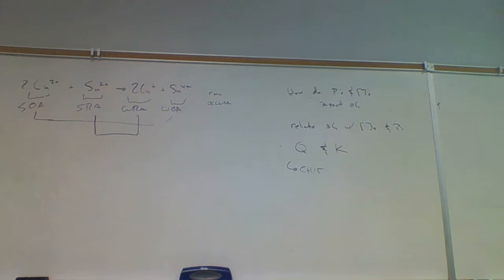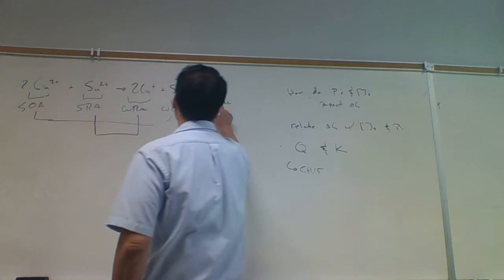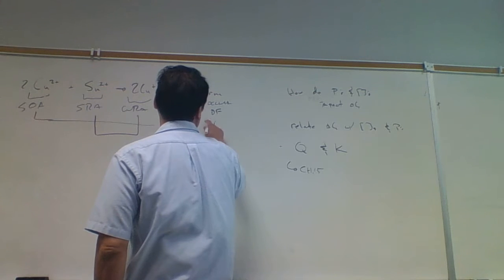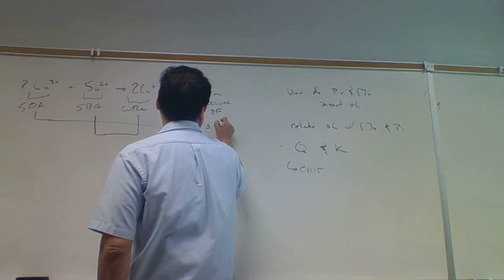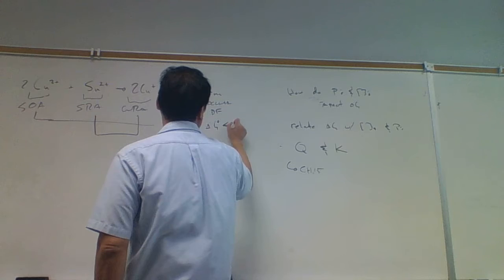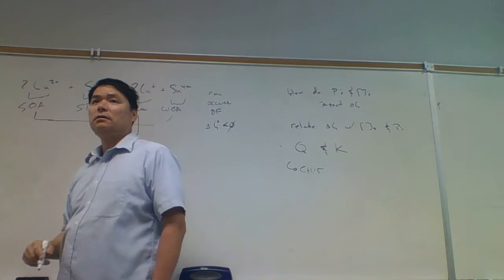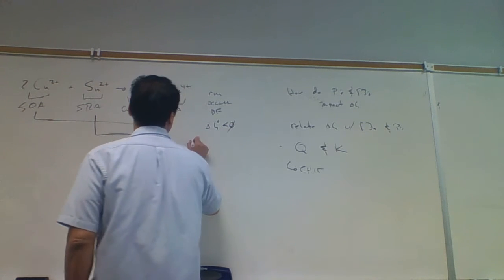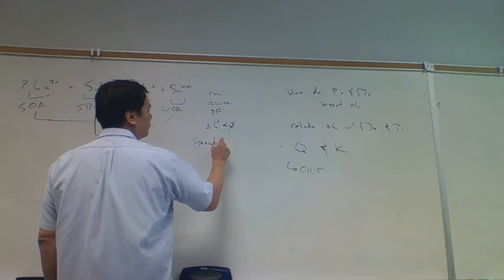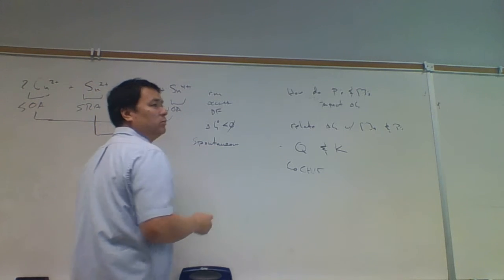So if it's favorable, we'd say that there's reaction that takes place, right? There's reaction. Because this tells me that reaction occurs, there's driving force. If there's a driving force, then we say that delta G naught is less than 0. That's it. And so we'd say that this is spontaneous because we're going from stronger to weaker, right?